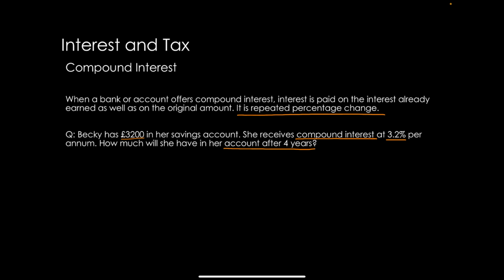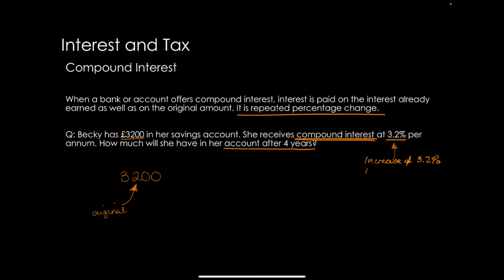So all you need to do here, because it's compound interest, we're going to start with our original amount. And it says that every year she gets 3.2% interest. Okay. So that's an increase of 3.2%.